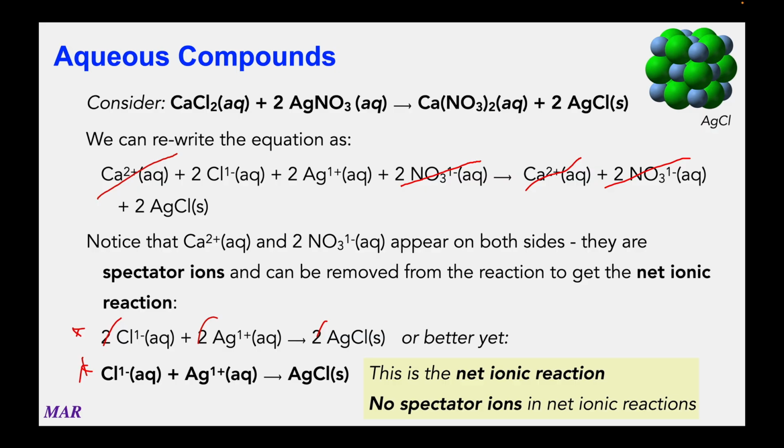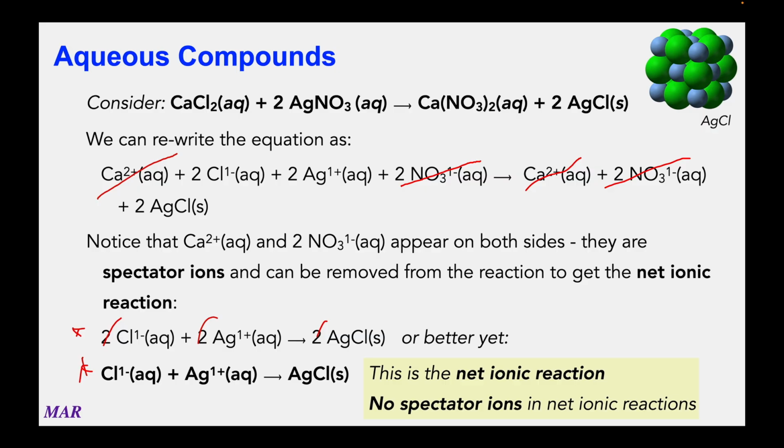And why this is important, all right, is because maybe we didn't have any calcium chloride available when we were doing this reaction. And we're like, oh, geez, we wanted to make silver chloride so bad. Well, add another source of chloride. Maybe you could add hydrochloric acid, HCl, AQ, or you could add sodium chloride, NaCl, AQ, all right? We really only care about the chloride. We don't care what else is with the chloride, as long as it doesn't make solids, liquids, and gases anyway.